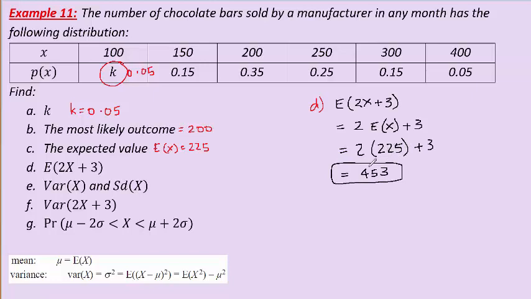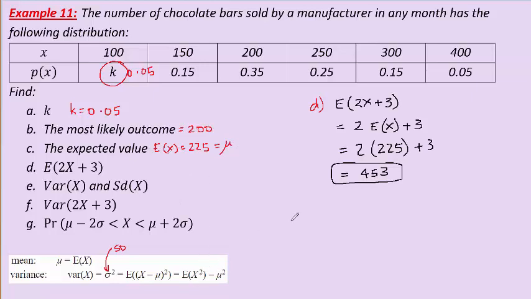Part E asks us for the variance and the standard deviation. Now, standard deviation is the square root of the variance, so I'm just going to write that SD down so we can see. So my variance is E of X squared minus the expected value squared. Now remember, the expected value is mu.